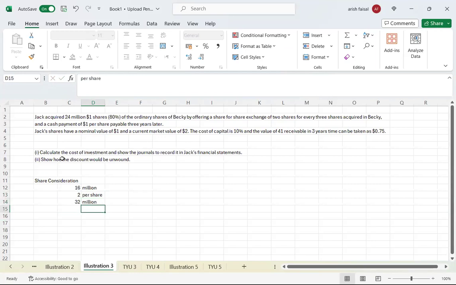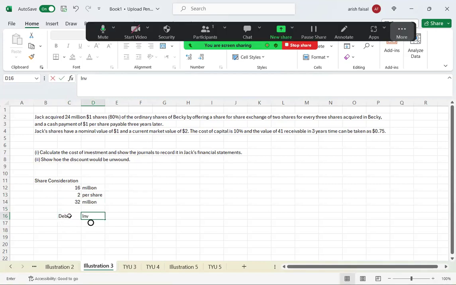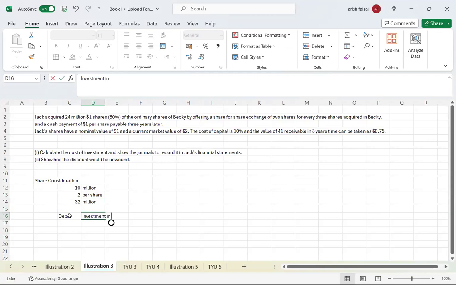So the first part of the question asks you to calculate the cost of investment and show the journals, the debit and credits you record in Jack's financial statement. So basically over here, the debit would be an investment. So it will be investment in Becky company with a total valuation of 32 million. Okay.